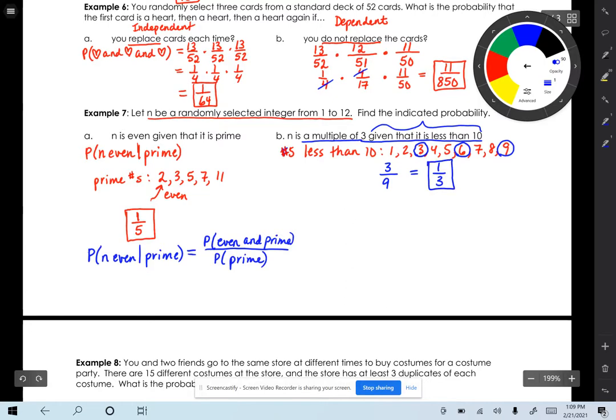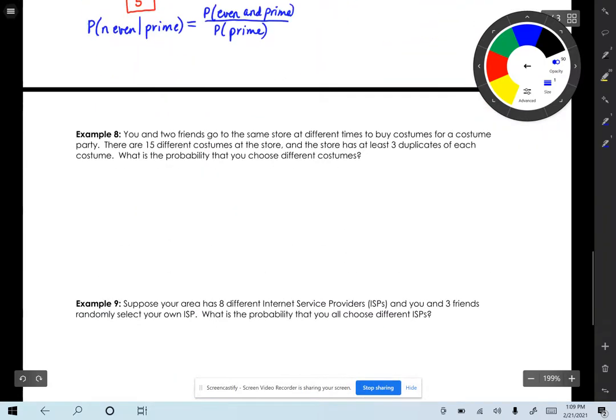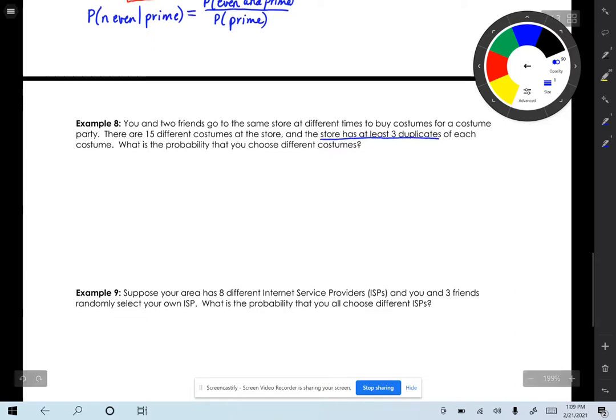All right. Example 8. You and 2 friends go to the same store at different times to buy costumes for a costume party. There are 15 different costumes at the store, and the store has at least 3 duplicates of each costume. What is the probability that you choose different costumes?